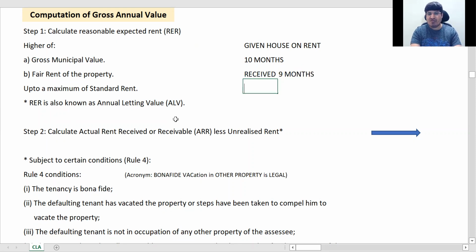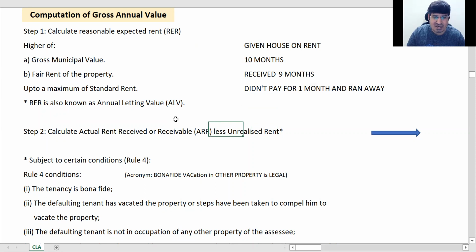Okay, he didn't pay for 1 month and ran away. Okay, so this 1 month's rent is called unrealized rent. Got it? This is that unrealized rent. So basically here your actual rent receivable, okay, less unrealized rent. It will always be ARR less unrealized rent you have to take.